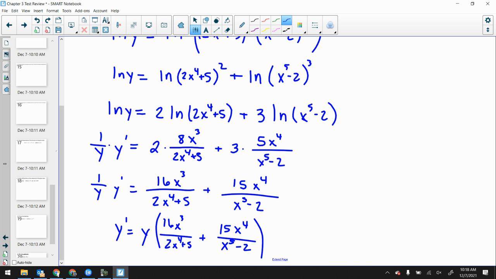Now, if you feel so inclined, you could put the y back in. I mean, you know what y equals: y equals 2x to the fourth plus 5 squared times x to the fifth minus 2 cubed. You could plug that in as y, but you don't need to do that. Questions on that one?